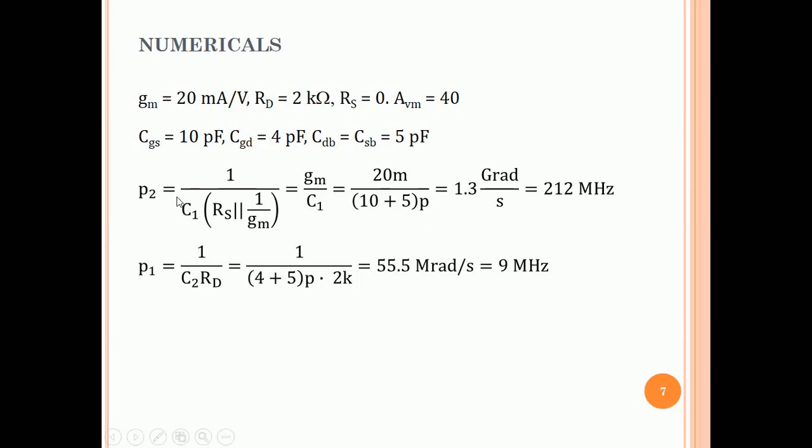I've called this P2 because that is the larger frequency. P1 is the smaller frequency. So C2RD, the output pole, is the dominant pole, because at the input the resistance is very small. It is effectively 1 by GM. So that pole is at a higher frequency.